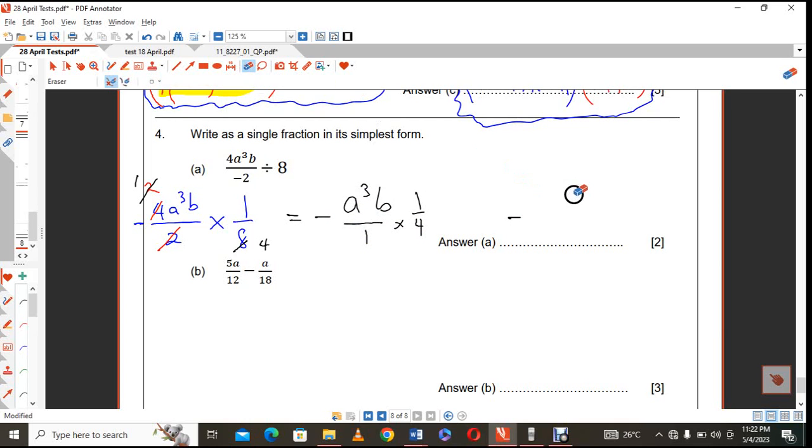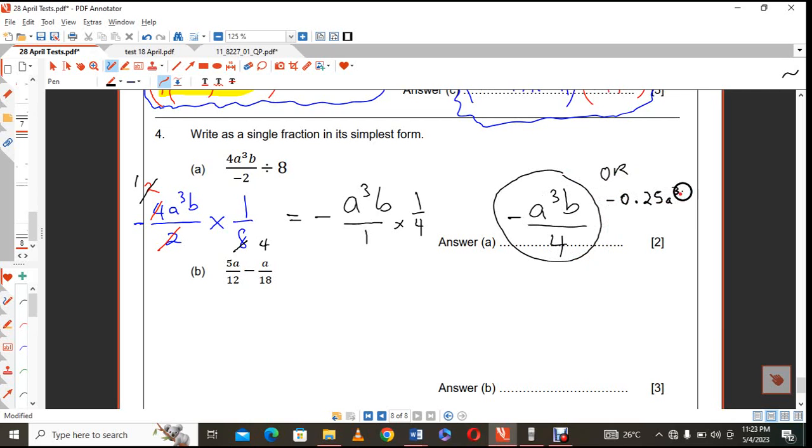So remove that 4. That gives me negative a cube b over 4. That is what I wanted to explain. So another student can write this, because remember this coefficient is negative 1 over 4, so you can write negative 0.25 a cube b, because negative 0.25 is the same as negative 1 over 4. Anyway, this is the acceptable answer.